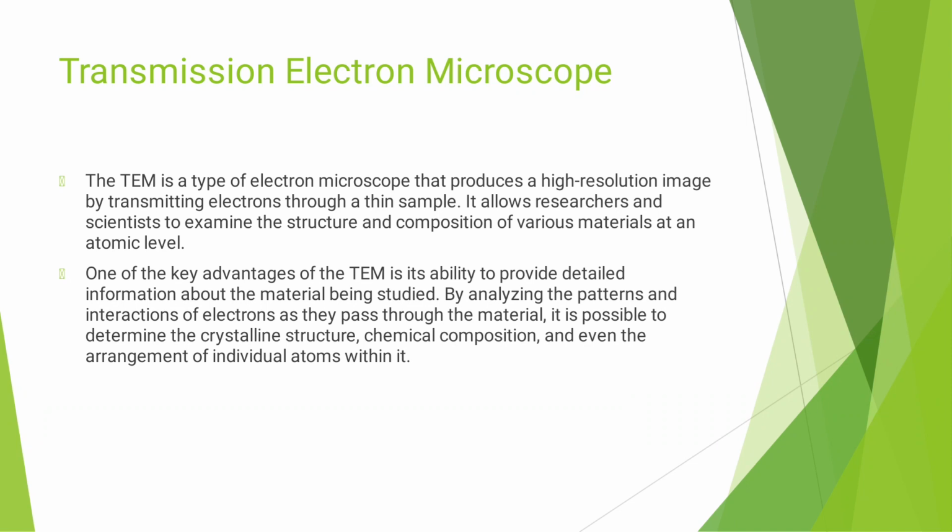The main advantage is the ability to provide detailed information about the material being studied. It is possible to determine crystalline structure, chemical composition and even the arrangement of individual atoms within it.